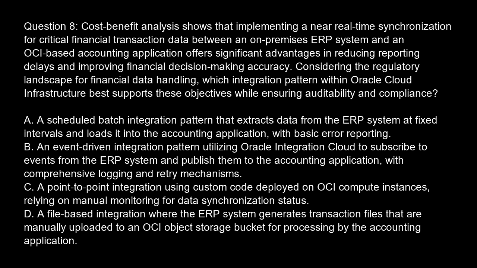Option C. A point-to-point integration using custom code deployed on OCI compute instances, relying on manual monitoring for data synchronization status. Option D. A file-based integration where the ERP system generates transaction files that are manually uploaded to an OCI object storage bucket for processing by the accounting application.